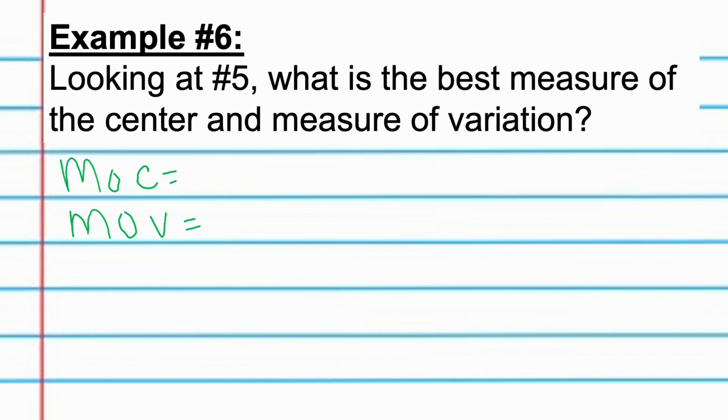All right. So for the measure of center, with there not being any outliers, we're going to use the mean. And for the measure of variability, with no outliers, we use the range.